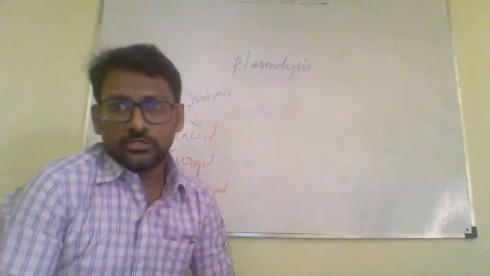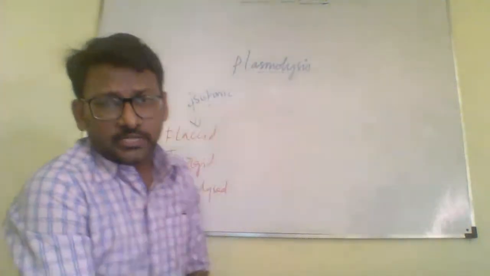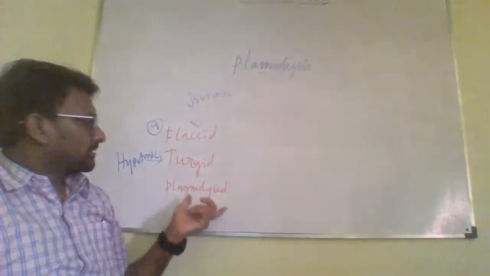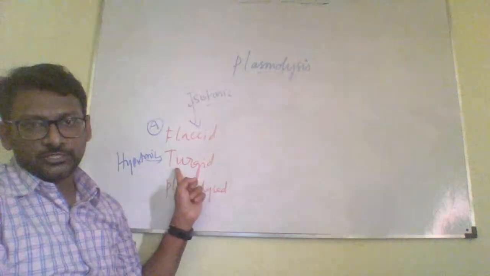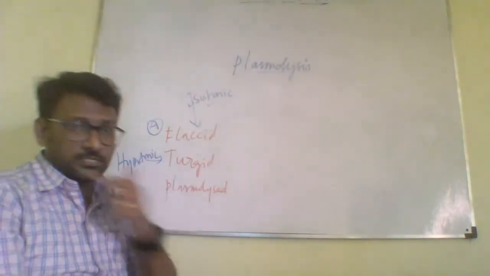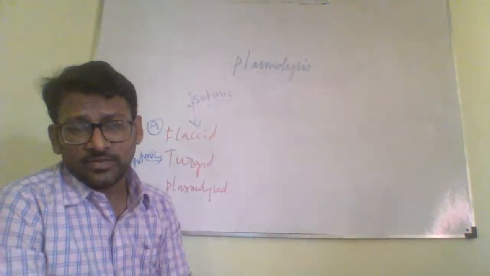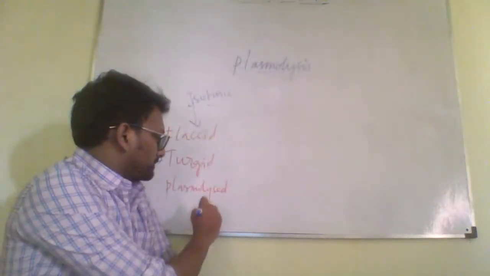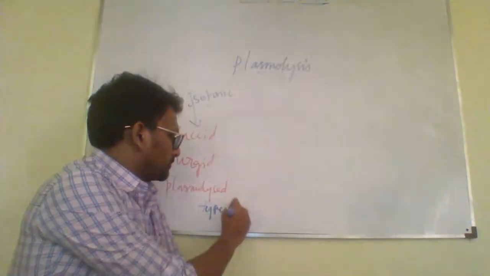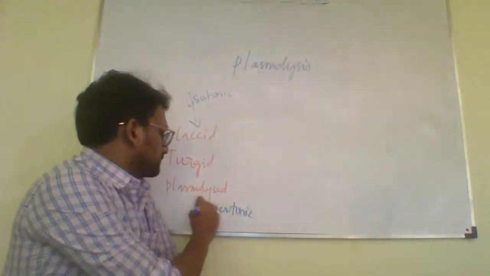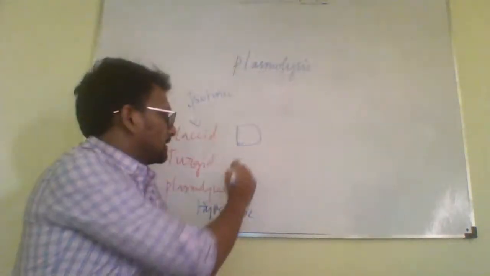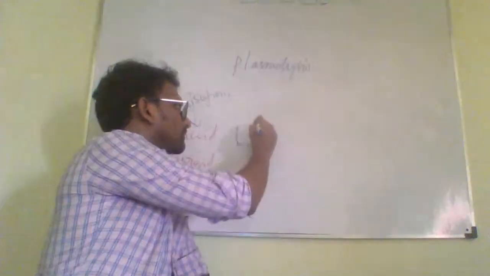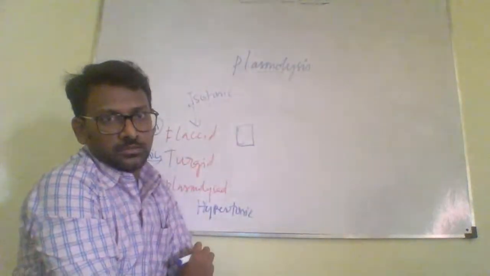If you have certain notes, you can keep them in this way: isotonic, flaccid; hypotonic, turgid; plasmolyzed cells where hypertonic. The cell remains in the same shape and size here.